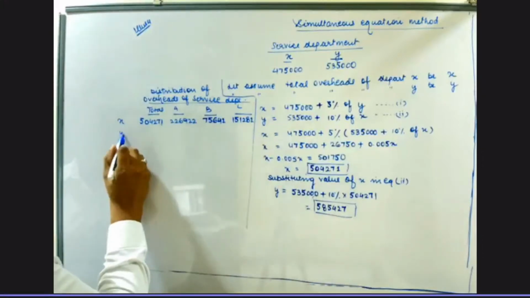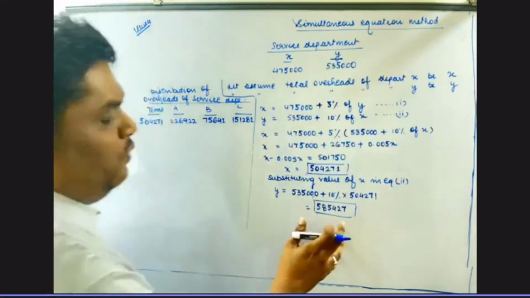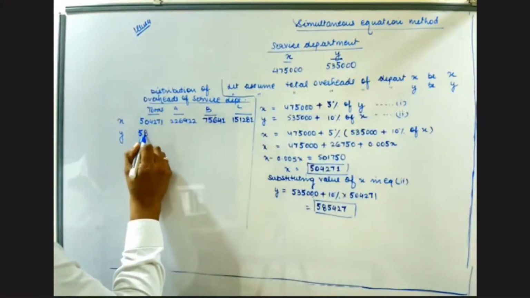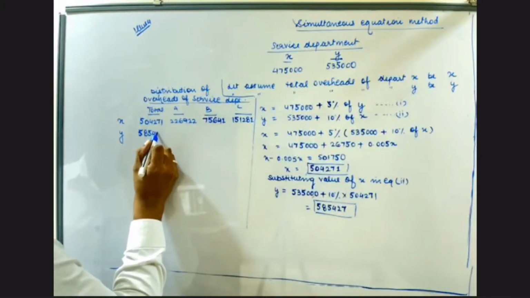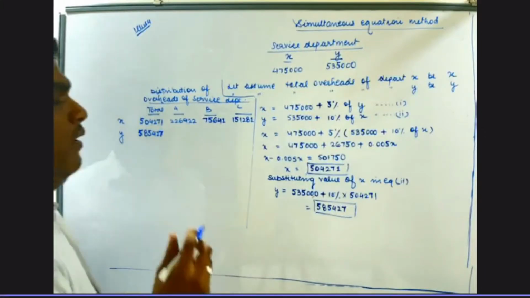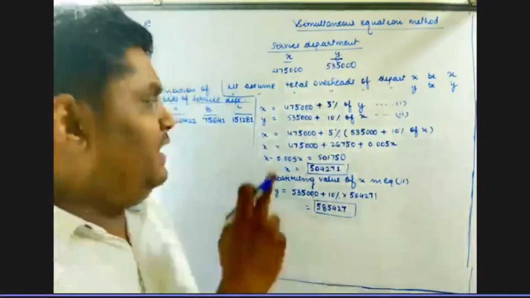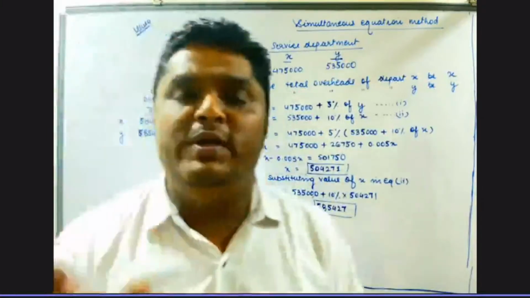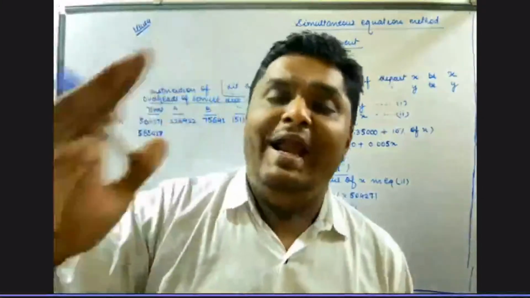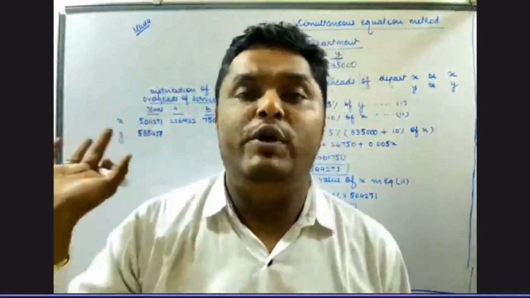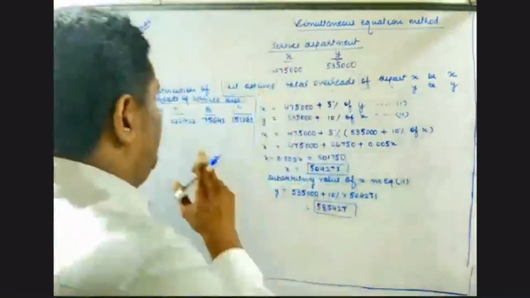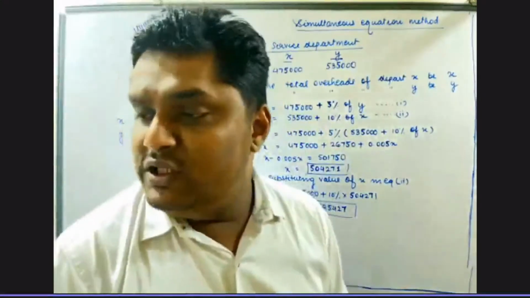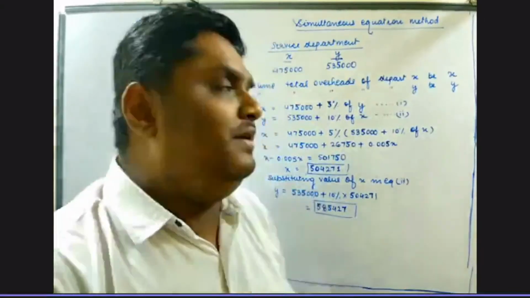Further, when talking about Y, the total overheads of Y as calculated is 585,427. 45%, 15%, and 30% is to be distributed to A, B, and C, and the remaining 10% is already distributed to Y. So we have to ignore this part. Now, when talking about this part 585,427, it is to be distributed in the ratio of 60% and 35%.